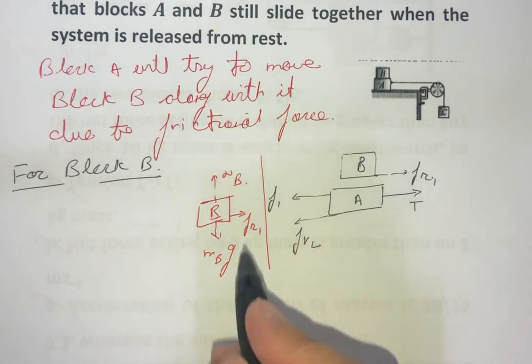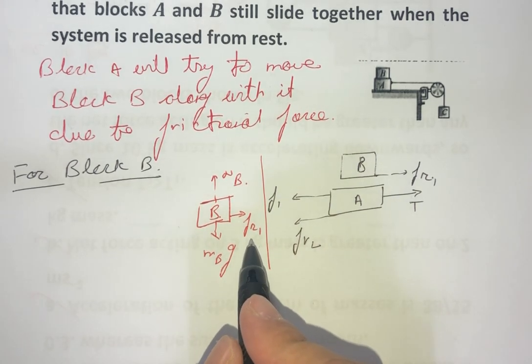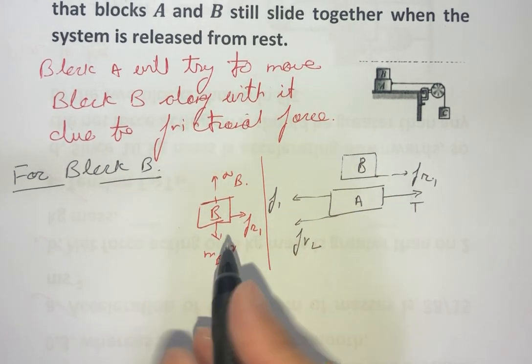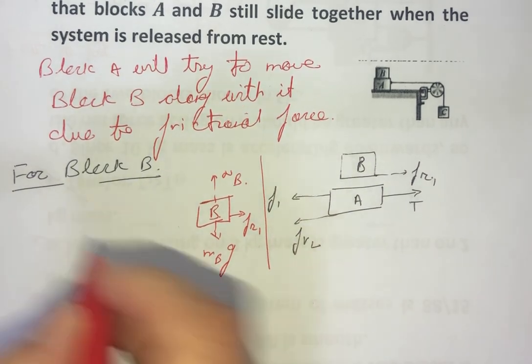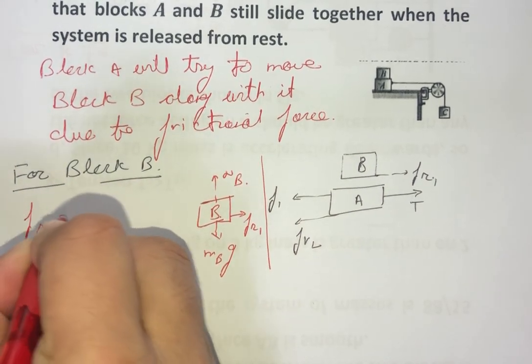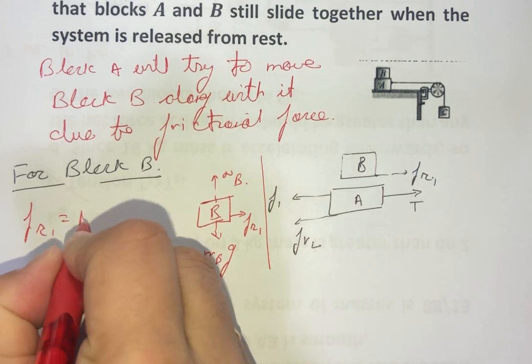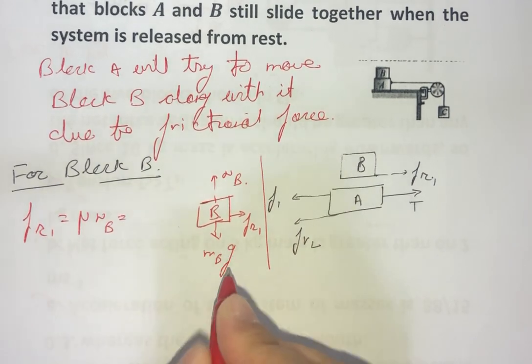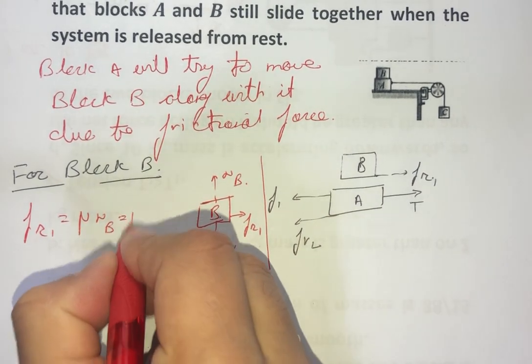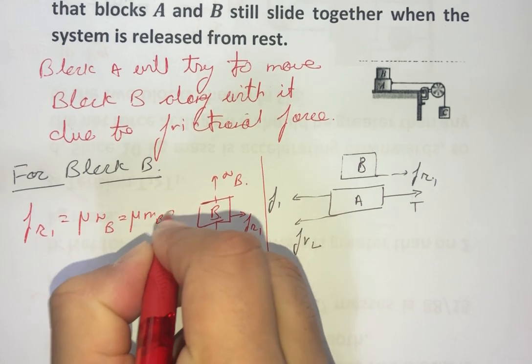So from here we can say that Fr1 will be equal to mu into NB, and NB is equal to mBg, so this will be mu into mBg.